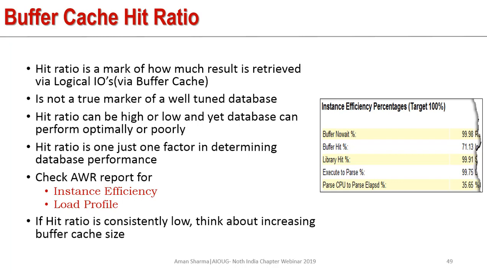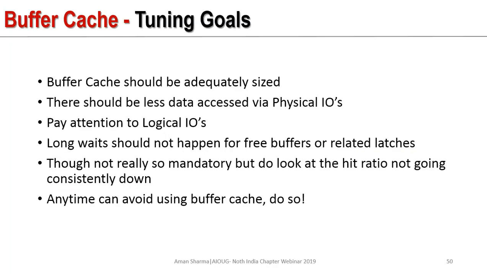Or if you're doing a random selection of buffers, the buffers may not be found in the buffer cache next time, and that means the hit ratio can be low. Obviously, if it is consistently low and you are suffering from performance issues, it is possible that you might increase the buffer cache size, but otherwise hit ratio is not going to be the right goal for tuning the buffer cache.